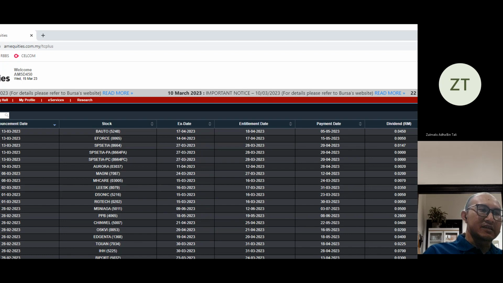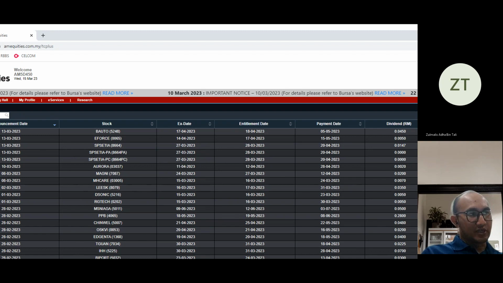And then another thing, some people ask why the payment has not been credited yet. You can check the payment date on the website, what date the registrar is going to release the payment. So like here they put 5th of May. So the registrar only releases the dividend payment on the 5th of May.